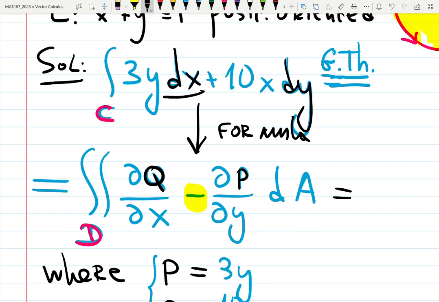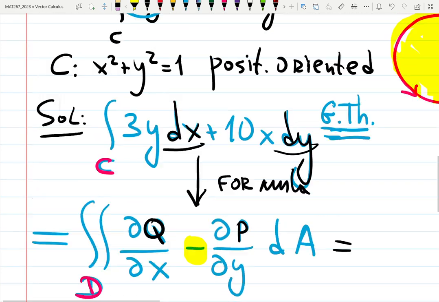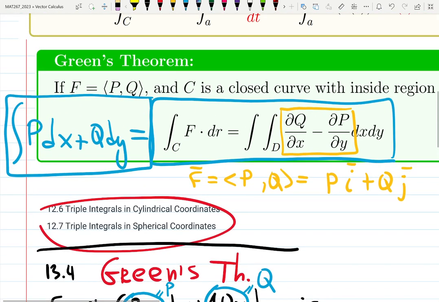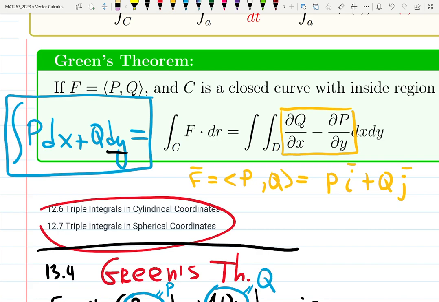The derivative of just x went down, and the derivative of y went down, and now we know the formula: differentiating the second component minus the first component. Did I answer your question? The question was, where did the dx and dy go? Yeah, the formula changed it. So we had it here, and then the formula put them at the end, and that's what my dA is. I'm just writing dA instead.